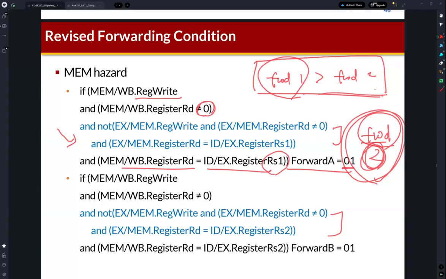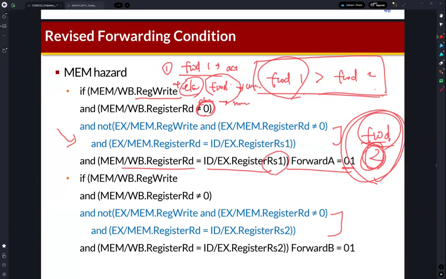How can you implement this? Firstly, we check forwarding case 1. If true, then forwarding case 1 is activated. Otherwise, else, we check forwarding case 2. If it's true, then forwarding case 2 is activated. Else, nothing more.